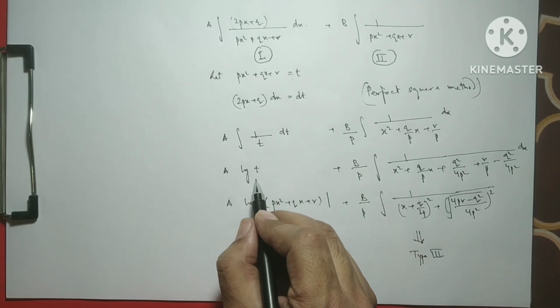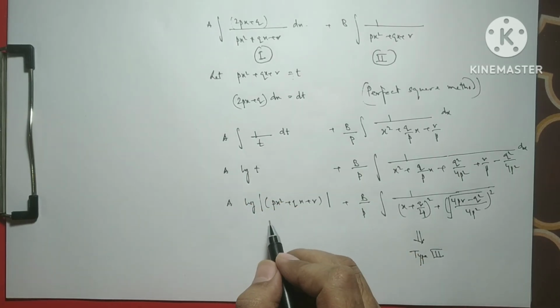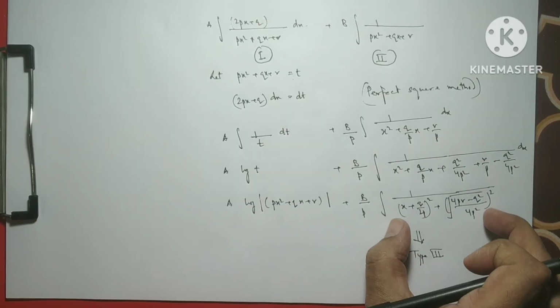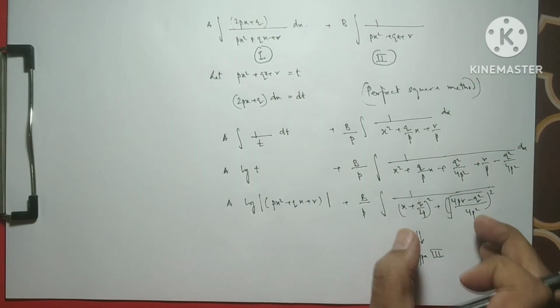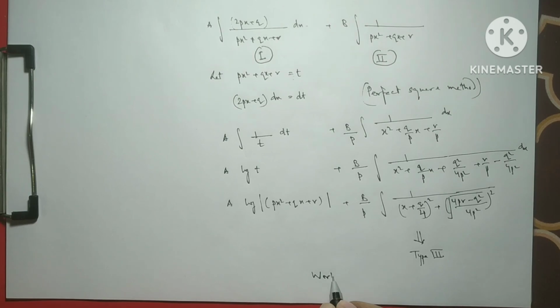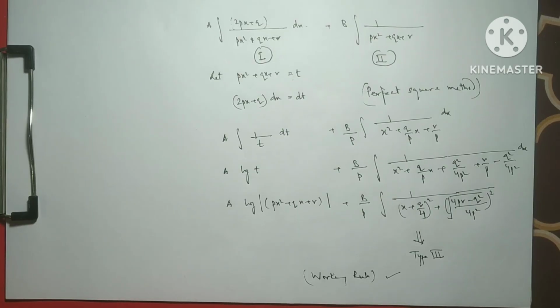So as a result we get log t, with the third part of special integration, and we get the final answer. So this is the entire method, the working rule we will use in these questions. So type 4 will be solved like this.